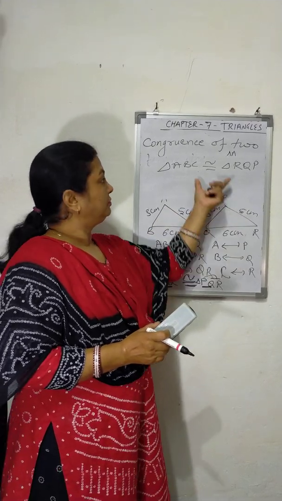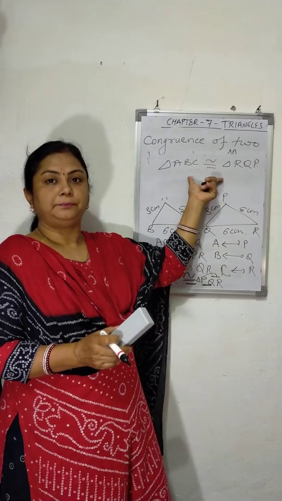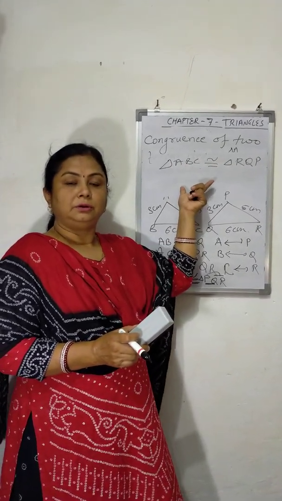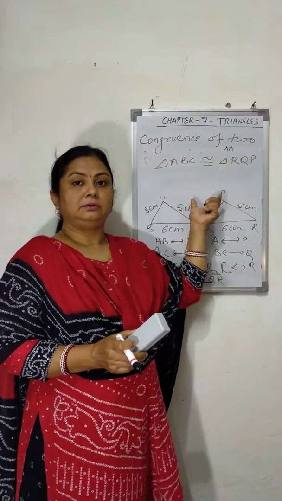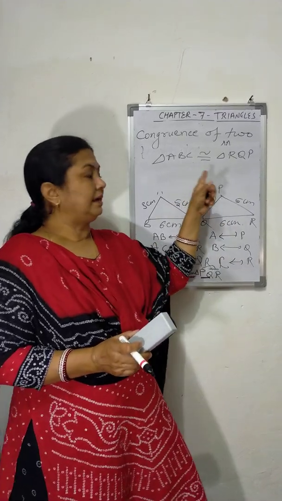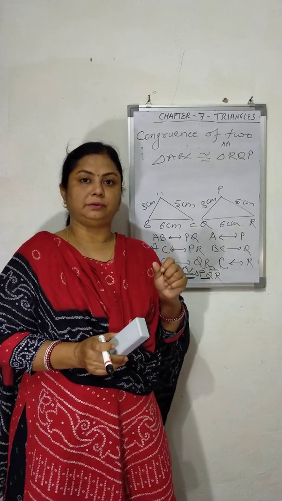No. So we can't write the congruency of these two triangles in this way because these corresponding sides are not equal. So we need to be careful when we are writing the congruency of two triangles. In the case of triangles, corresponding sides or corresponding angles should be equal.